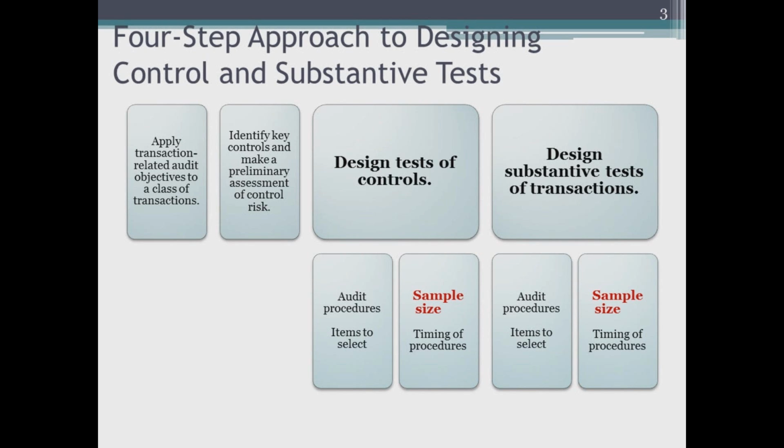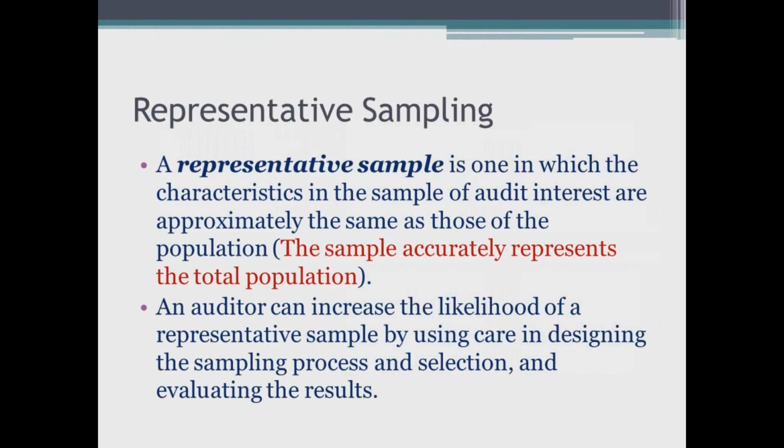If we're trying to test existence or completeness, what would be the audit procedure? So our audit procedures are going to be driven by these transaction-related audit objectives. We have to decide what items we're going to select to test, the sample size that we're going to select, and then when we're going to perform those procedures. So those are our 4 decisions.